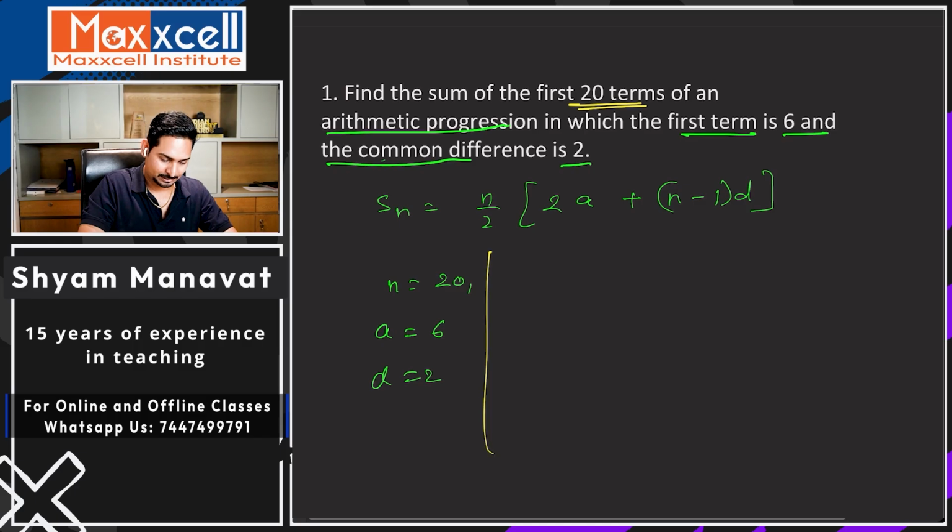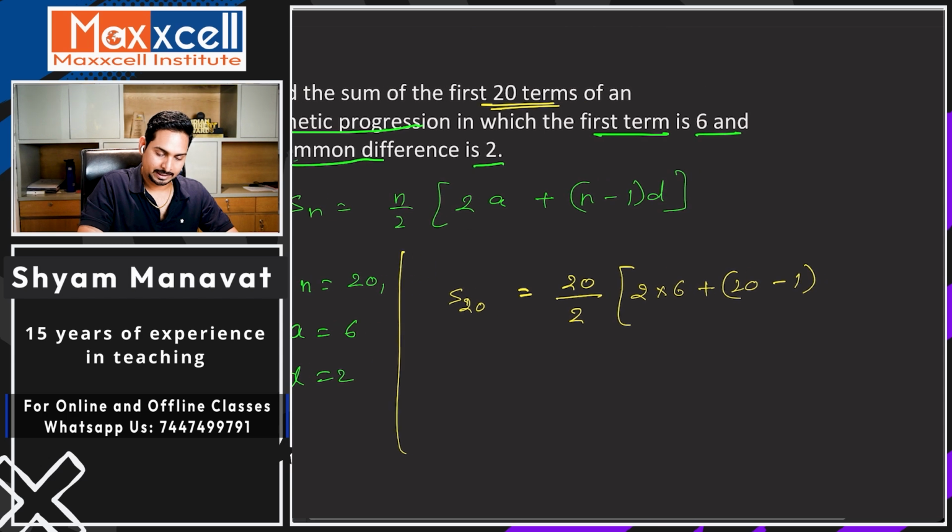So here you have sum of 20 terms equal to 20 by 2 into (2 into a, which is 6, plus n, which is again 20, minus 1, and common difference is 2).